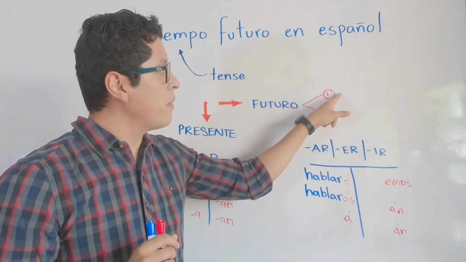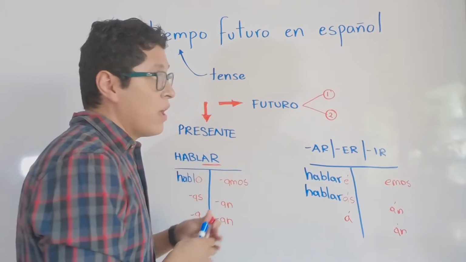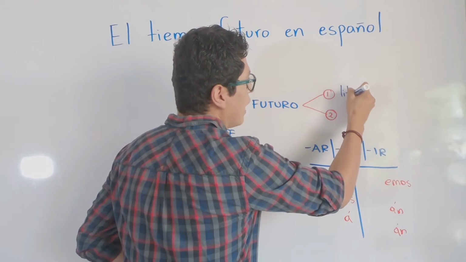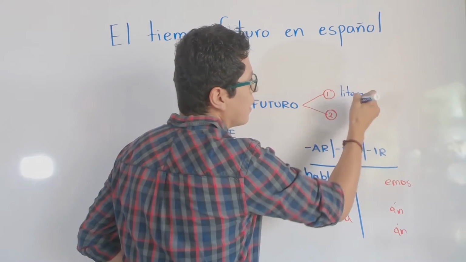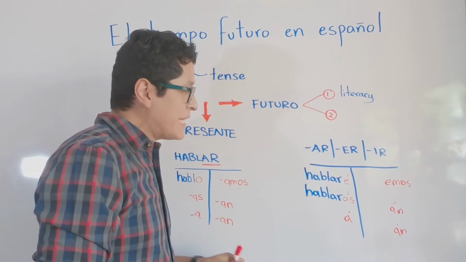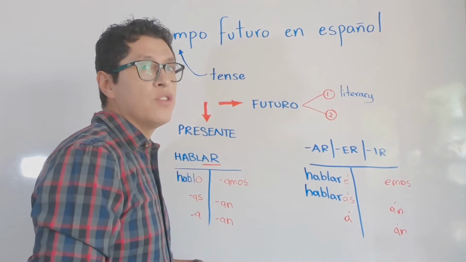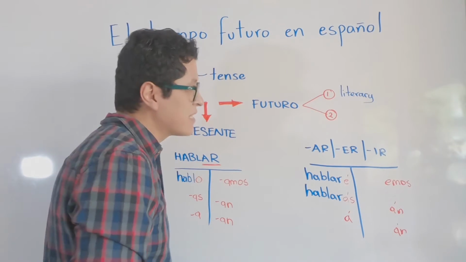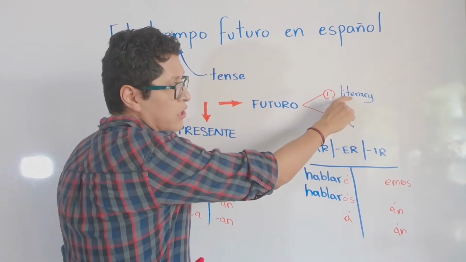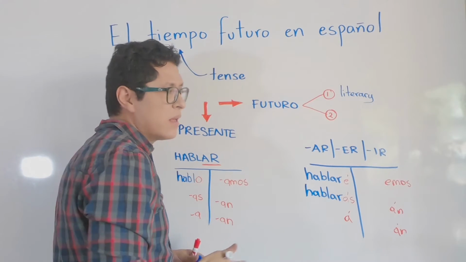This is one form, and the other one is the one I explained before. Now, let me just write it here, okay? This one, I would say, is more literary. There might be some really specific cases where you have to use it, but mainly you find it in books, in texts, and also in very formal documents.